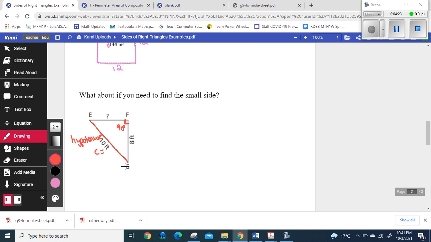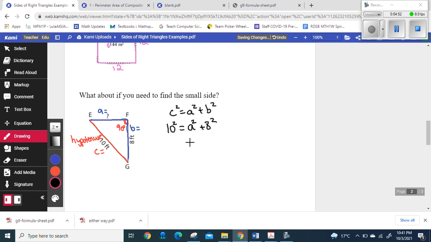So that's my C. It doesn't matter which one you label A and B, it just matters that A and B are the two short sides, the two sides that go around the 90. Then we always start with an equation: C squared equals A squared plus B squared. So the longest side here is 10 squared. One short side, we don't know it, so we'll leave it as the letter. And then the other short side is 8.